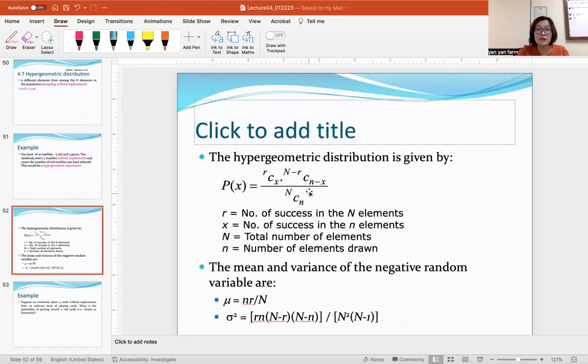So the equation for it is quite simple. The number of successes is at the top now, which is different compared to the geometric or negative binomial. So x is the number of successes in the small sample, the total number of elements drawn.